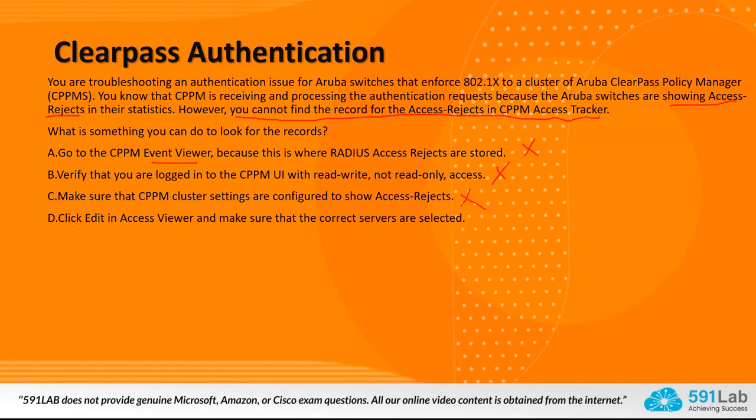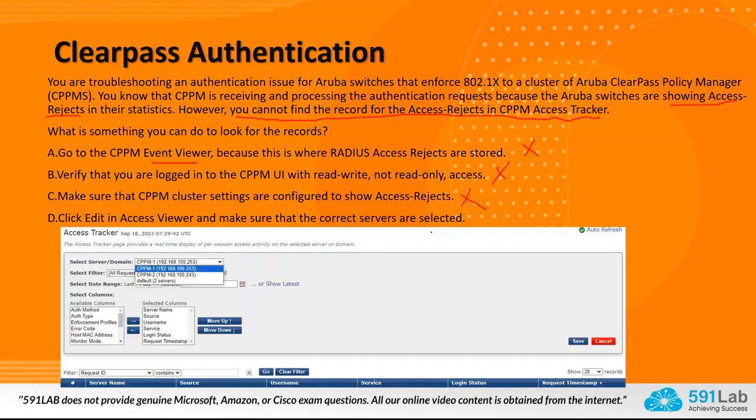The last one: click Edit in Access Viewer and make sure that the correct servers are selected. Let's get that one here to illustrate. If you edit the servers, for example, in a ClearPass Policy Manager cluster with multiple servers, let's say two servers, and you selected the secondary one, but the switch sent the authentication to the first one and the first one rejected the request, it will not show on the second one unless you check that one.